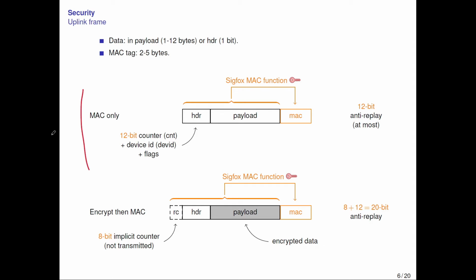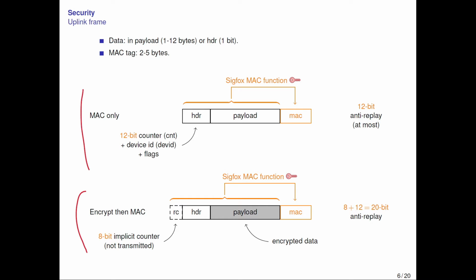The MAC tag is computed over the header and the payload, which contains the clear data in that case. The key used to compute the MAC tag is the static NAC key. Optionally, data can be encrypted. In that case, the computation of the MAC tag is slightly different. First, the payload contains then the encrypted data.